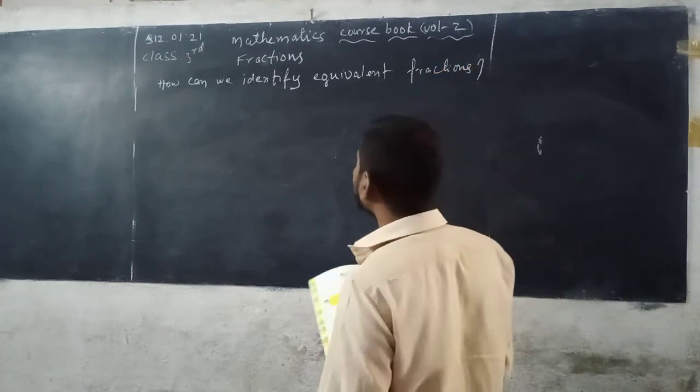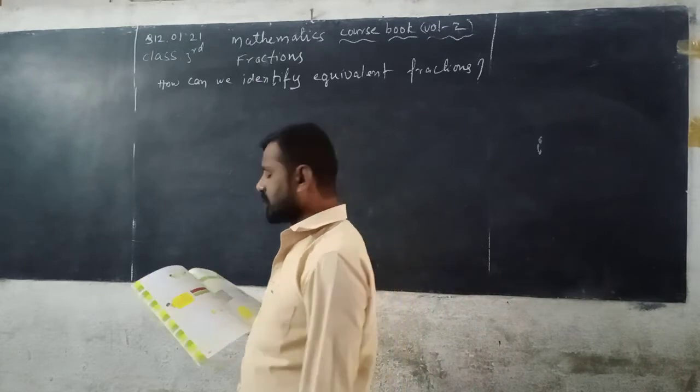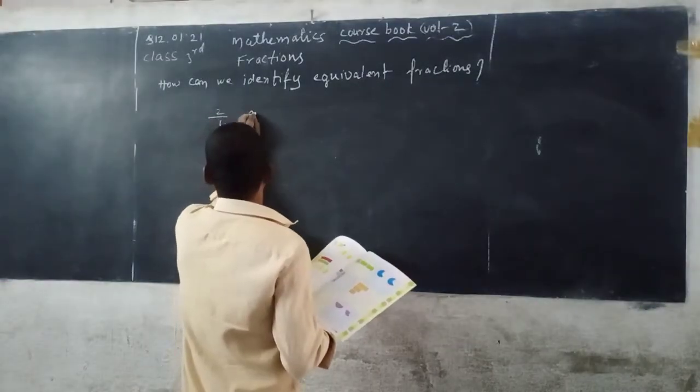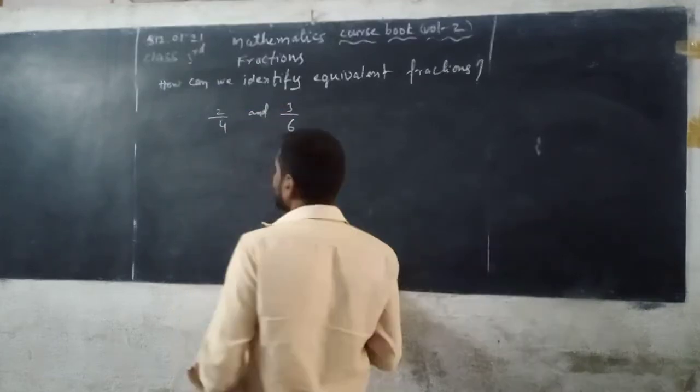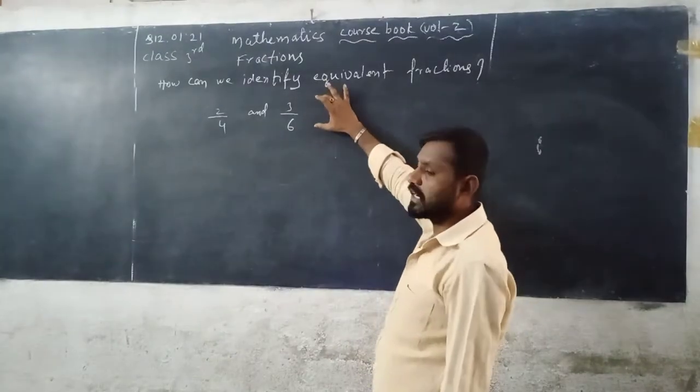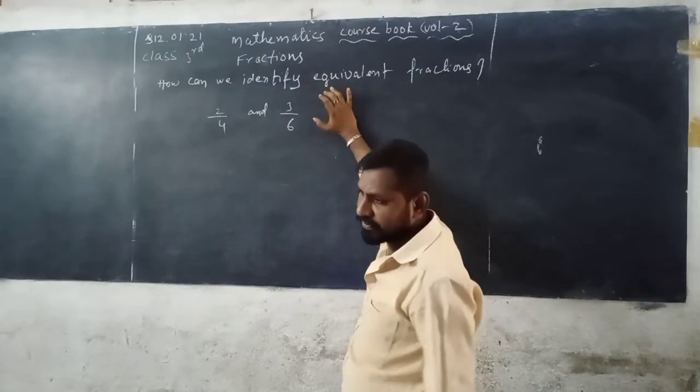How can we identify equivalent fractions? So, see here, 2 by 4 and 3 by 6. Are these two fractions equivalent or not? You can find out. Very simple method.